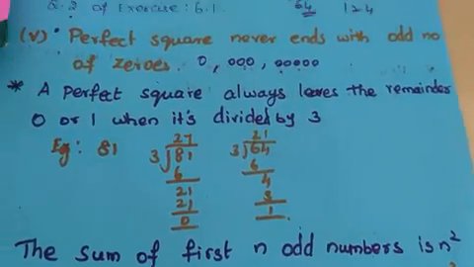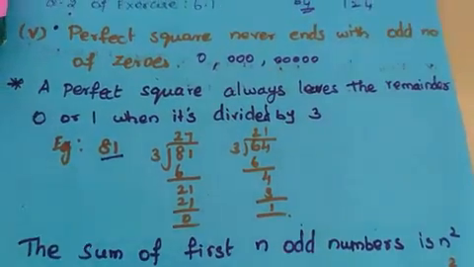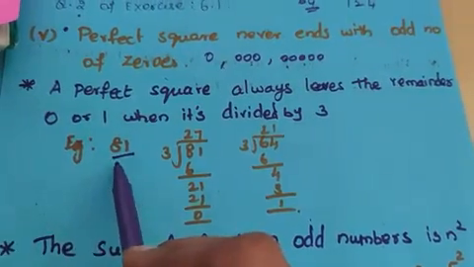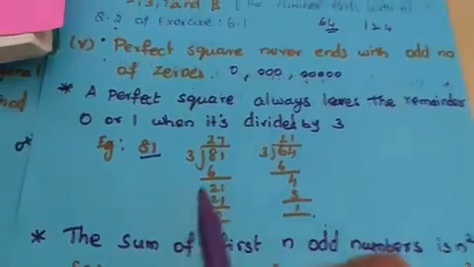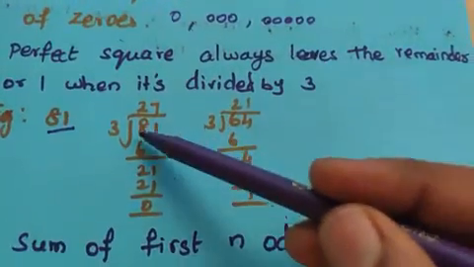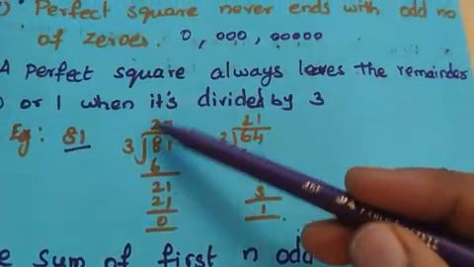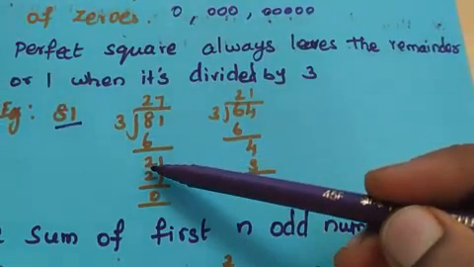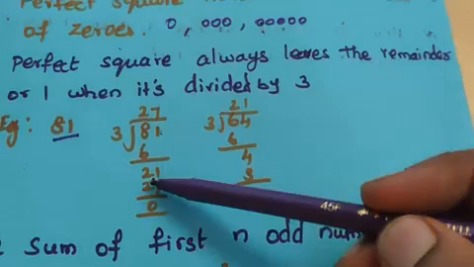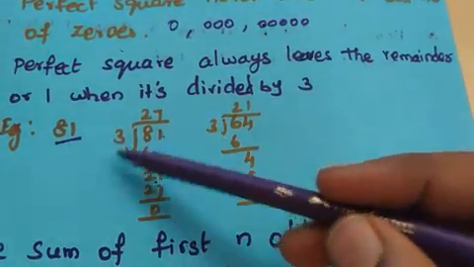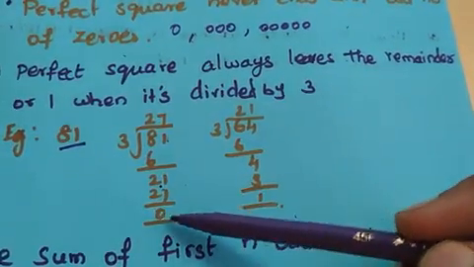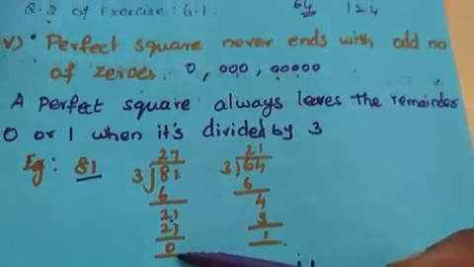We can verify it. 81, you know that it is a perfect square number because 9 squared is 81. If you divide that 81 by 3, 2 3s are 6 and the remainder is 2. Again this 1 comes down, 21. So 7 3s are 21. It is exactly divided, we are getting the remainder 0.